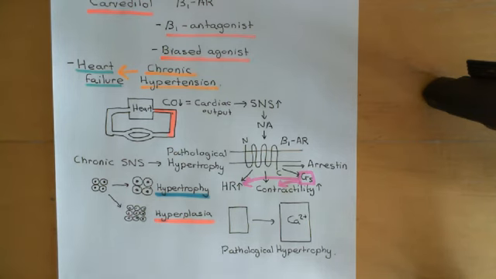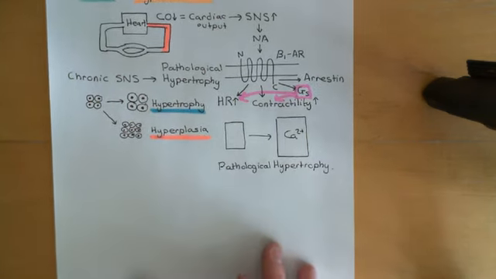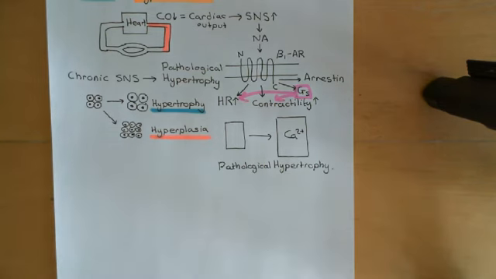Okay, right, so that's believed to be how Carvedilol works to treat heart failure. So it's a nice clinically used example of a biased agonist, and that's why it's so effective as a treatment for heart failure and stopping this pathological hypertrophy from progressing anymore.